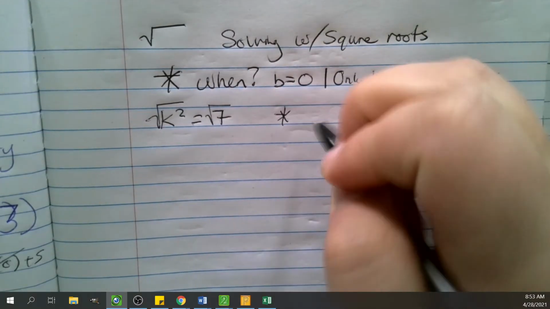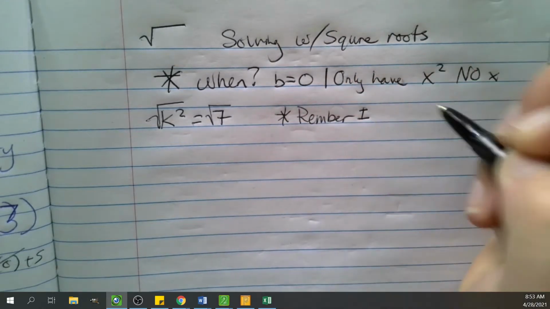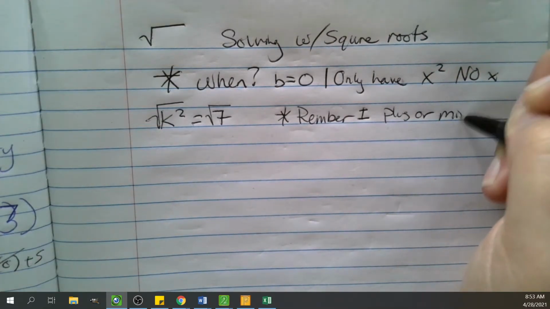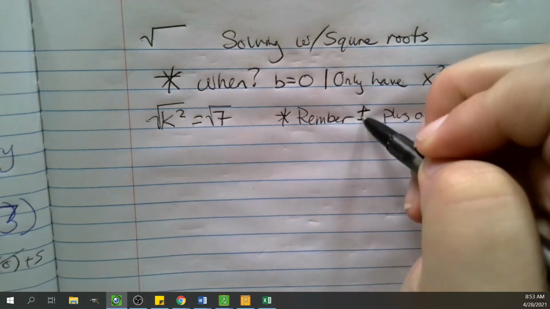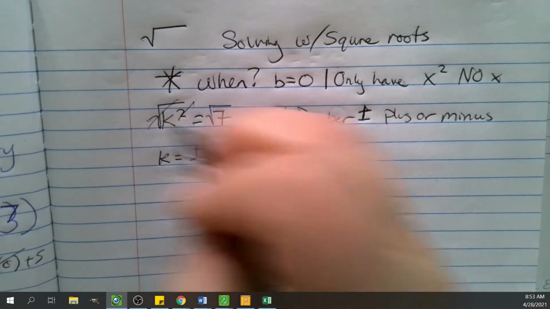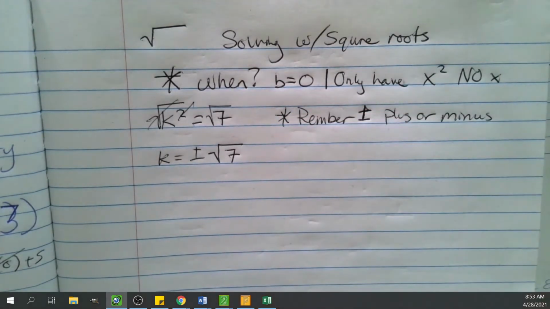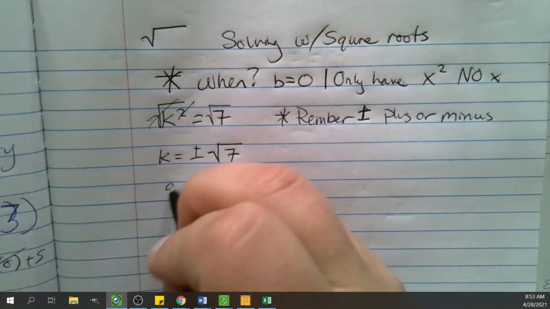I would 100% remember plus or minus. Can I factor 7? No. Is there anything I can do to simplify that? No. There's nothing. Let's give you a harder one.